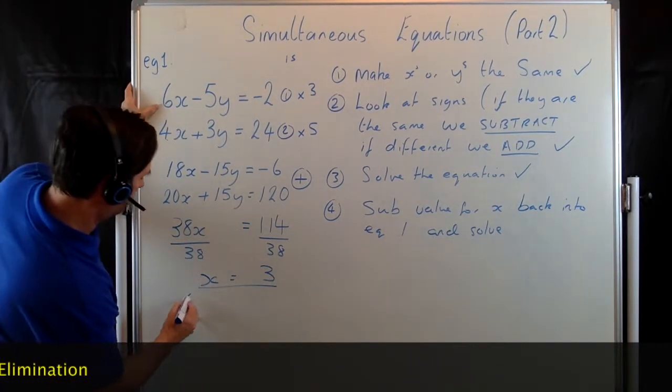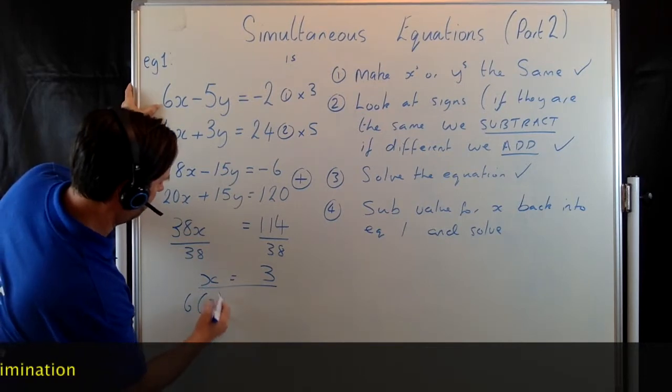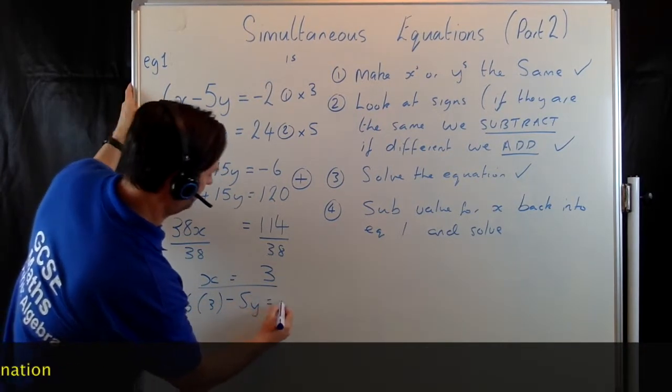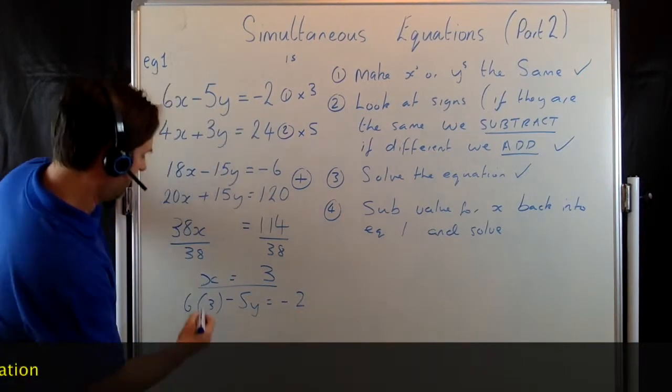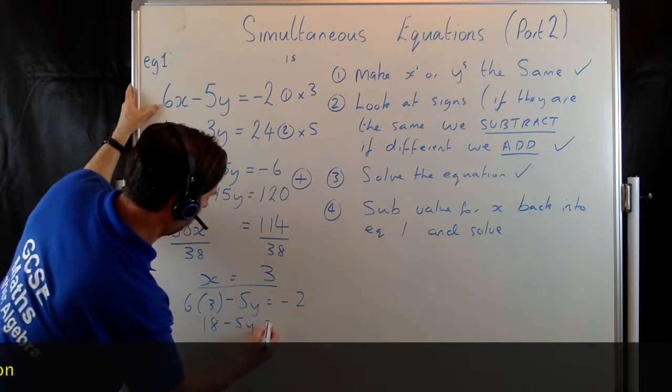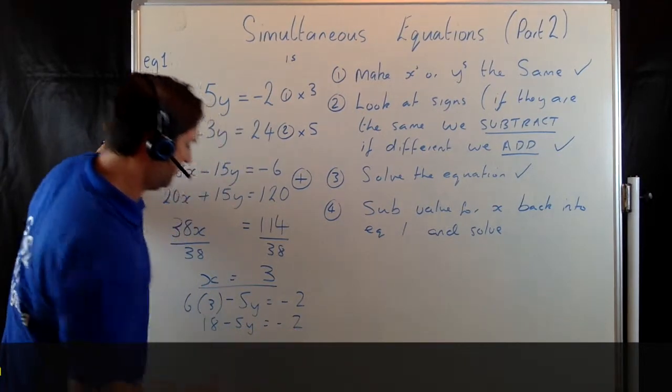So I get 6, let's just use brackets there, 6 times 3 minus 5y equals negative 2. Well, 6 times 3 is 18, so 18 minus 5y equals negative 2.